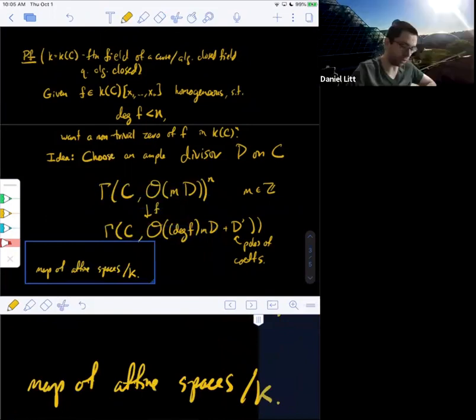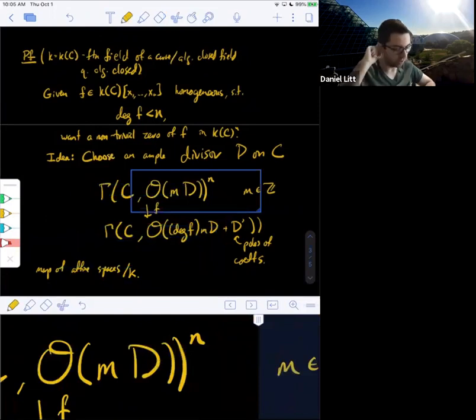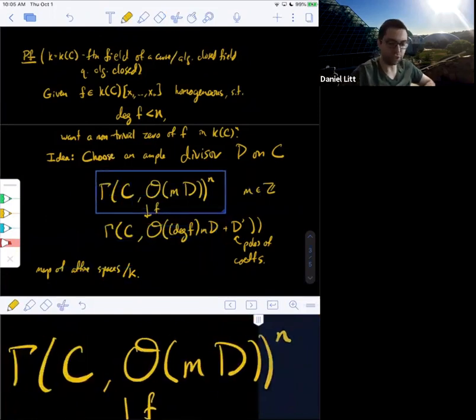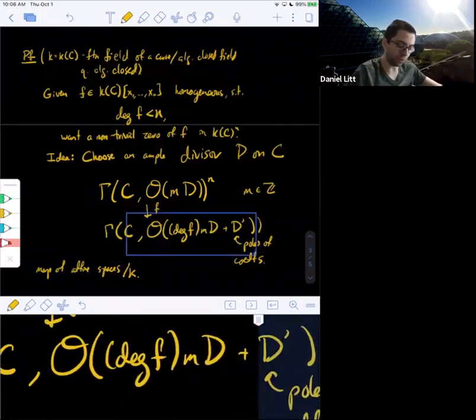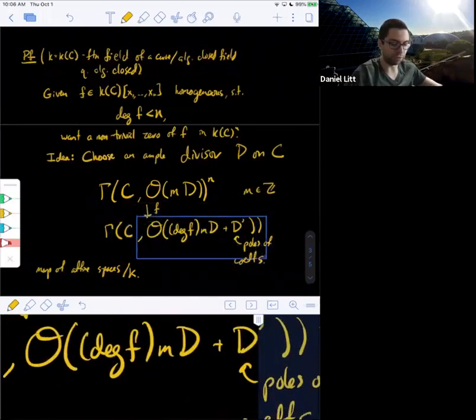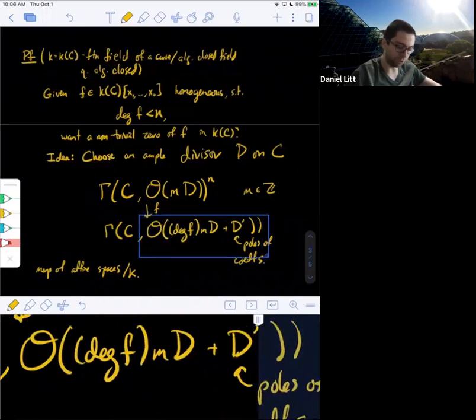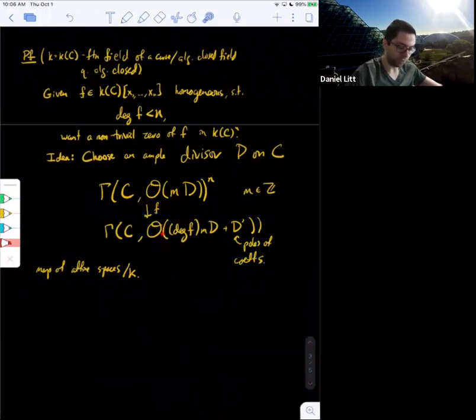Yes. All I'm doing is taking these rational functions on C. A section of O of MD is a rational function on C with some bounded poles, and then I'm just plugging them into f. That gives me another rational function on C, and I'm claiming that the poles of that new rational function are bounded by this. In each monomial, the order of the pole can increase by up to the degree of f because we're multiplying a bunch of things together.